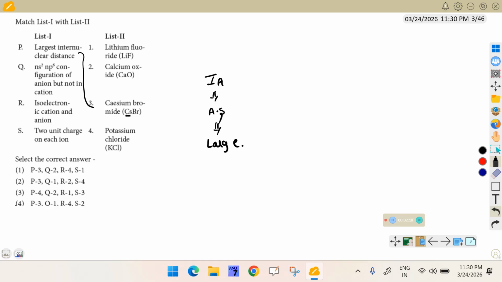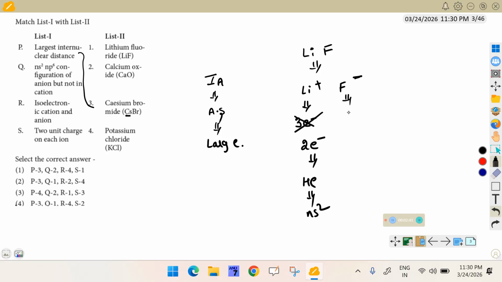Take LiF, which dissociates into Li+ and F-. Li+ loses one electron: initially it contains 3 electrons, it loses 1 electron, so the total number of electrons is 2, which is helium configuration, so it is ns2. F-: initially 9 electrons, if it gains 1 electron, then the total number of electrons is 10. The element is neon and its electronic configuration is He 2s2 2p6. Yes, the anion configuration is ns2 np6 but not the cation.